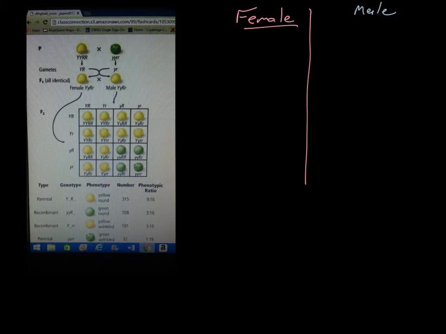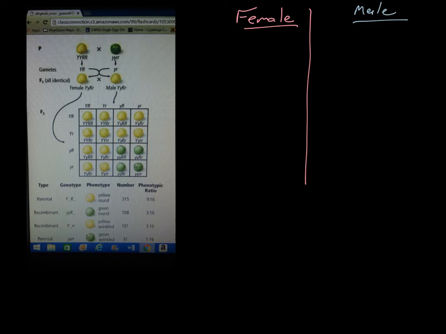What we do know is that both male and female have the possibility of giving either a big Y or a little y, a big R or a little r. There are 4 gametes in each of these, right? And there are 4 possible combinations that can happen because of crossing over. When you make these eggs, or the sperm, what are the 4?